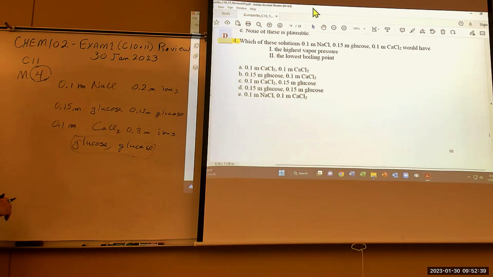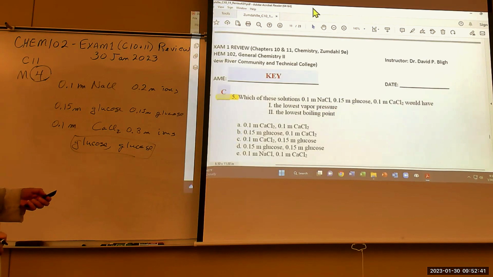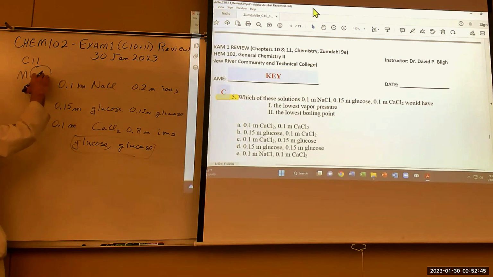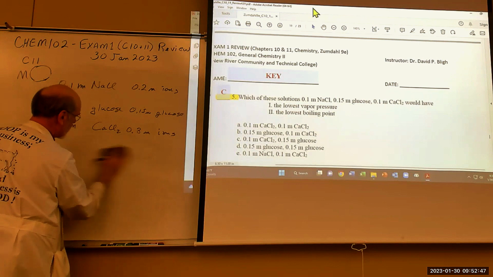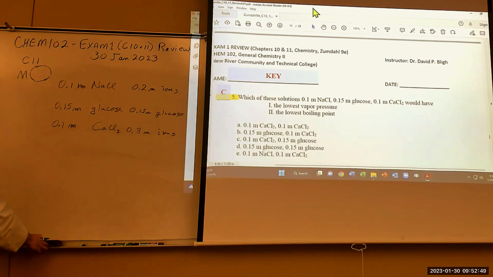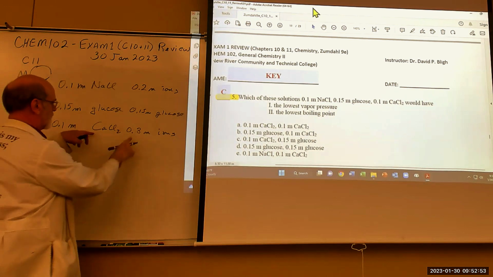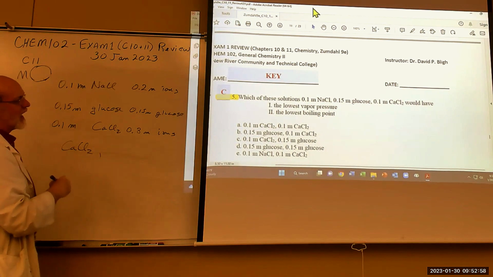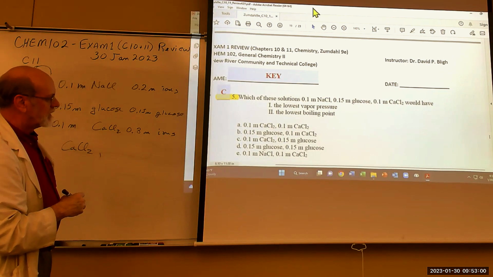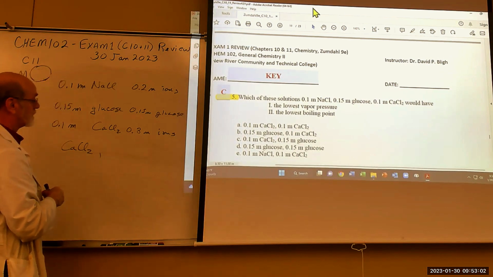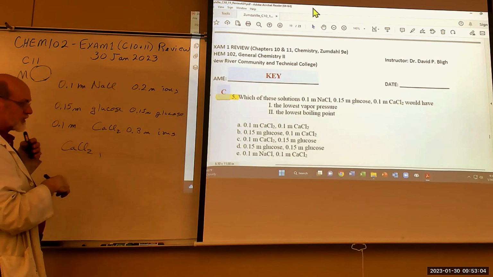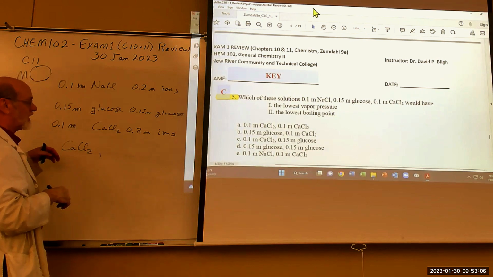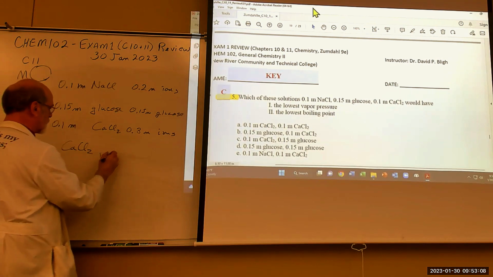Okay. I'm gonna leave that there because I got a sneaking suspicion the next one uses that same information. Now we're going to go probably the other direction. The lowest vapor pressure will be the highest concentration, calcium chloride. And the lowest boiling point would be the one that has the lowest concentration, which would be glucose.